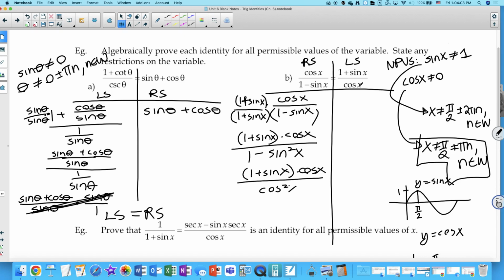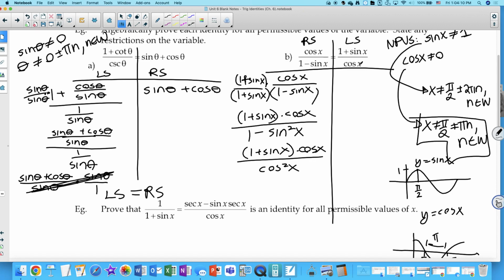And then what? Yeah, you have a common factor of cos x in the numerator and denominator. So this factor can cancel with one of those, and you're left with 1 plus sine x over cosine x. And you have that the left side is now equal to the right side.